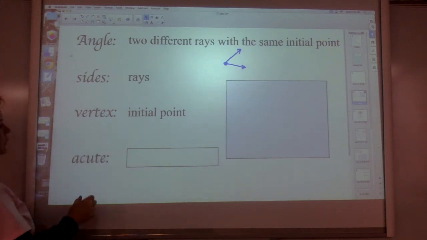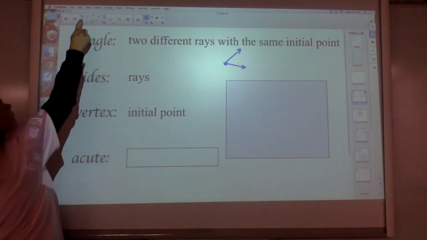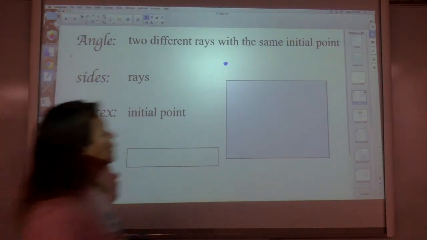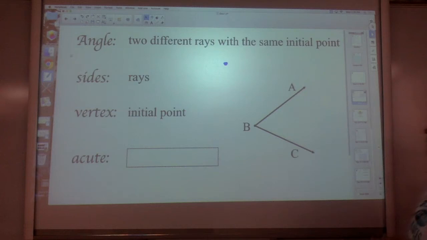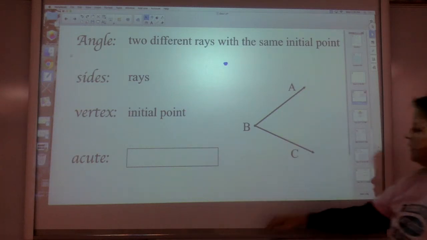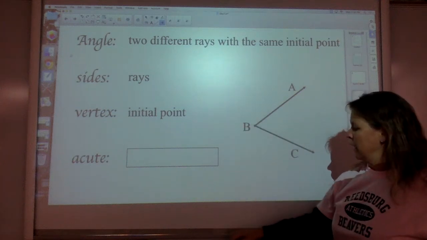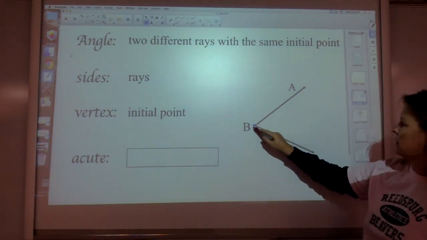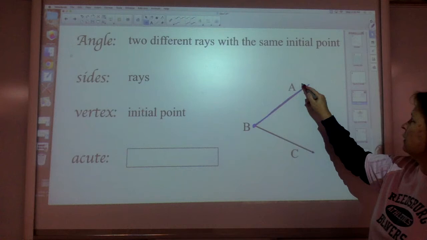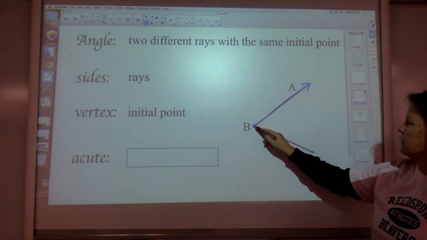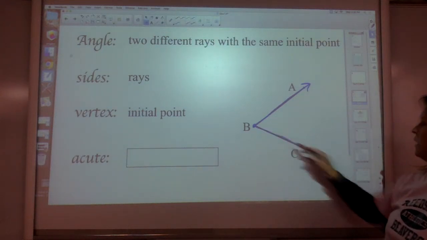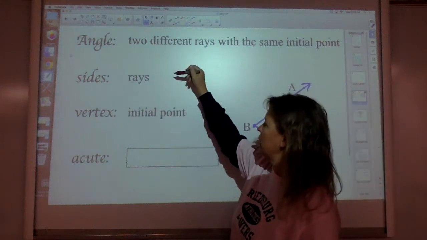Acute angles. Actually, let me back up. I'm going to draw a picture over here. Go ahead, take your time and draw it on there. If we were going to use this specific angle, and I wanted to name the rays, they have to start at B and go through A, start at B and go through C. Those are the sides of your angle.